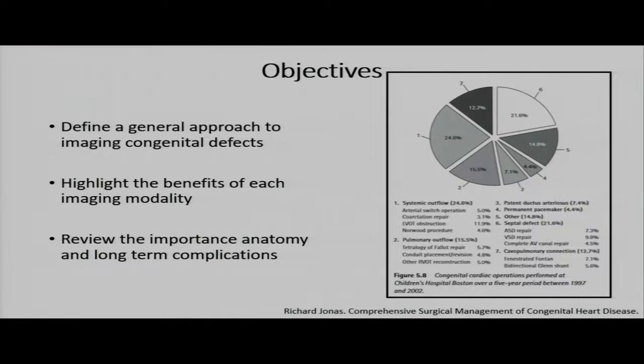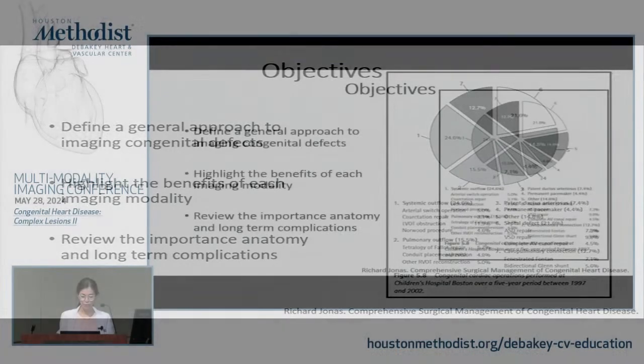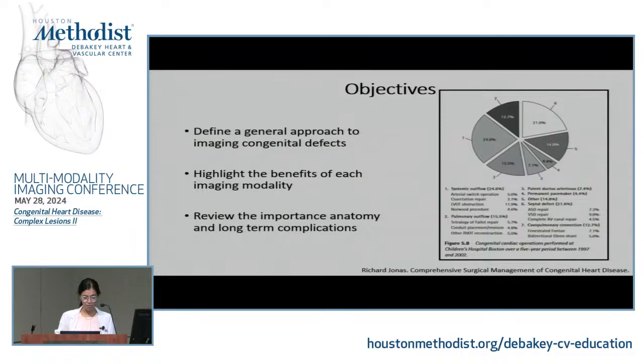We did this with D-loop transposition of the great arteries during our last session, and before that with shunts. For tetralogy of Fallot, we're going to define the general approach, the benefits of each imaging modality, and then discuss the importance of knowing the long-term complications to understand what we're looking for.